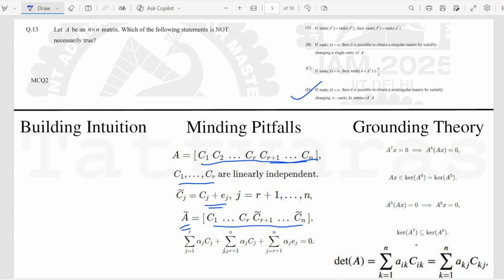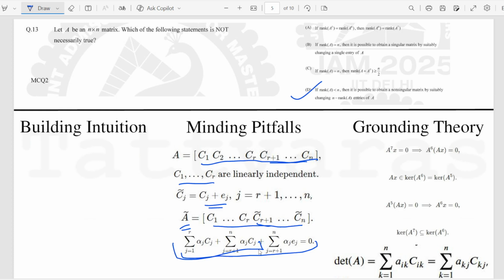Now, if we take this summation equal to 0, essentially any arbitrary linear sum of the column vectors to be 0, then each of these C(R+1) to Cn will be the sum of Cj plus Ej, so they separate out accordingly.